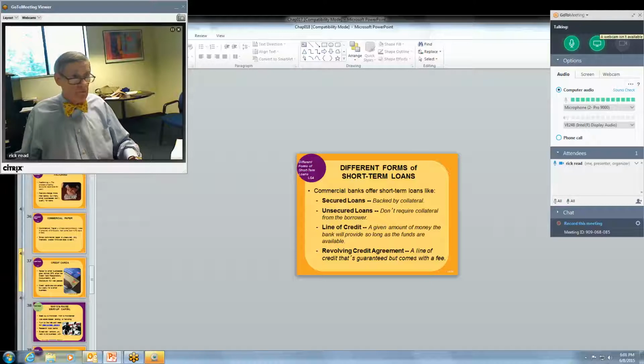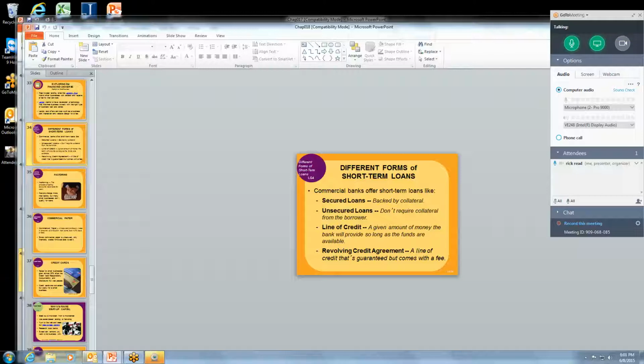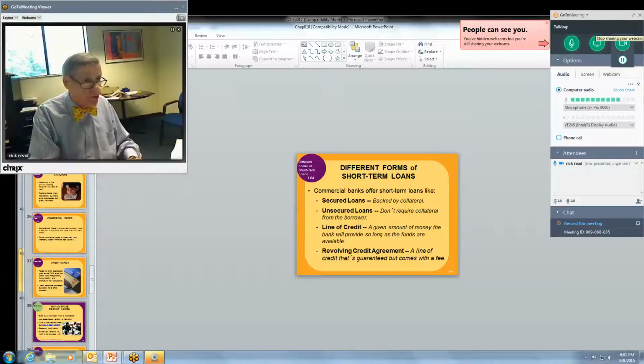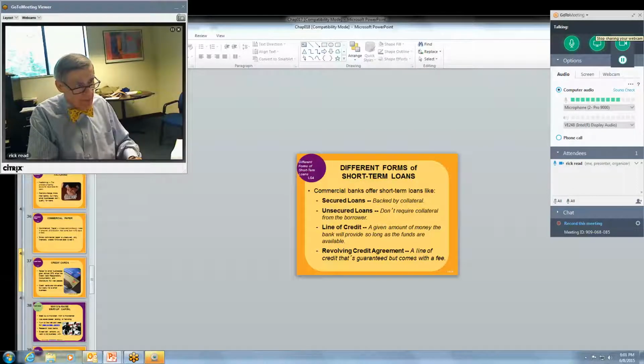Different types of short-term loans. First one's a secured loan, and that is backed by some type of collateral. Usually that's considered something that's tangible, like land or some other type of property.